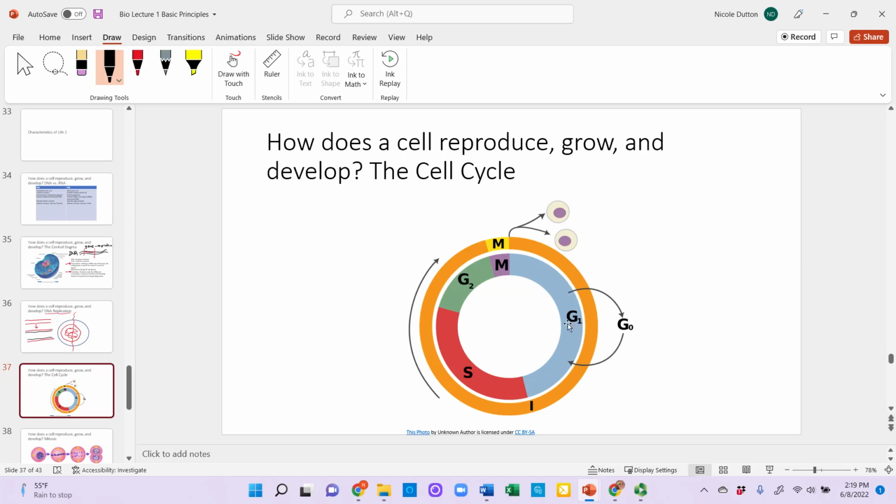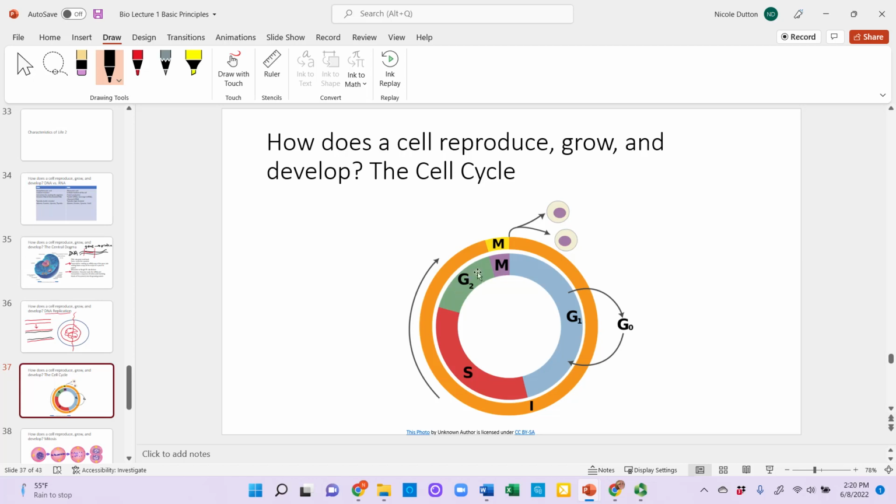After G1, most of the other cells in our body are going to then go through the S phase, and S is for synthesis. Synthesis is talking about DNA replication. So in the S phase is when our DNA is replicated. So we're going to make 2 copies of that DNA so that when the cell divides in half, each cell can get a copy of the DNA.